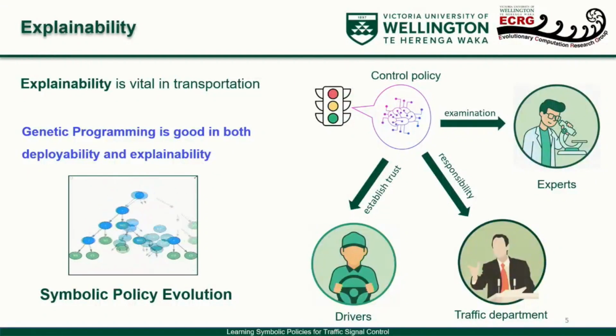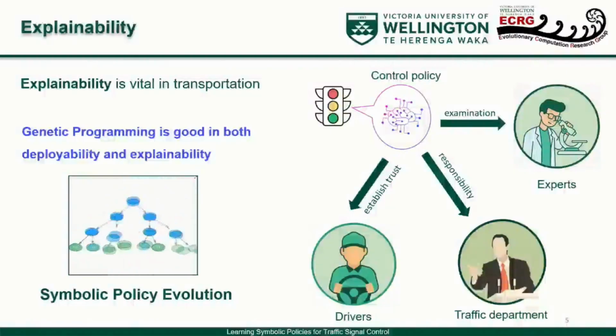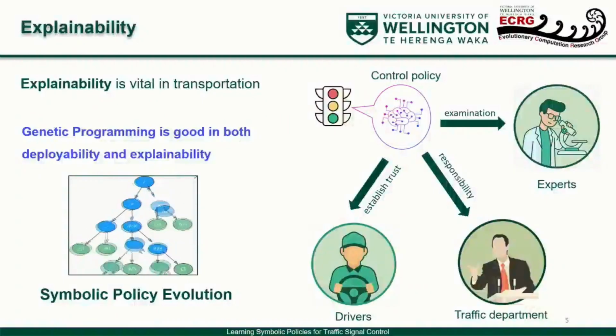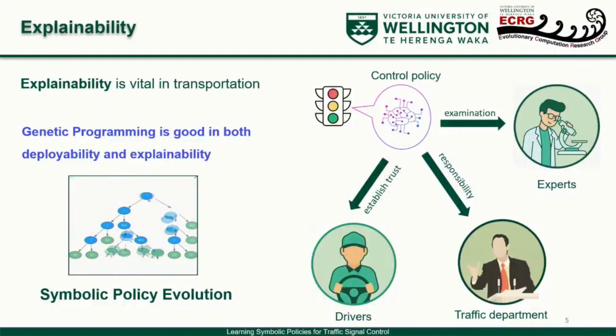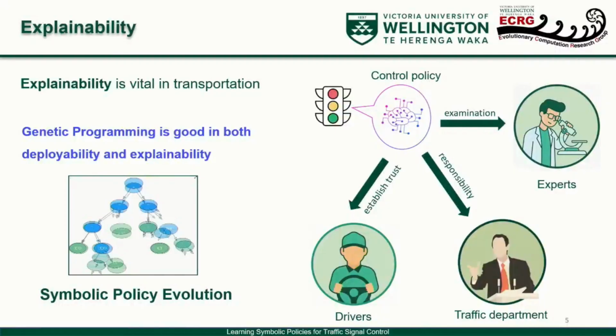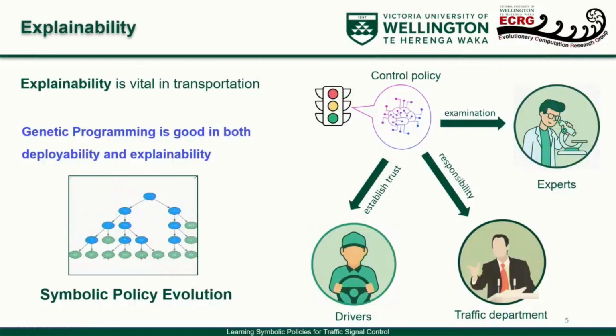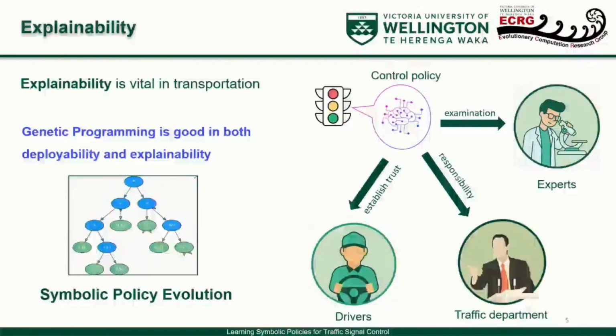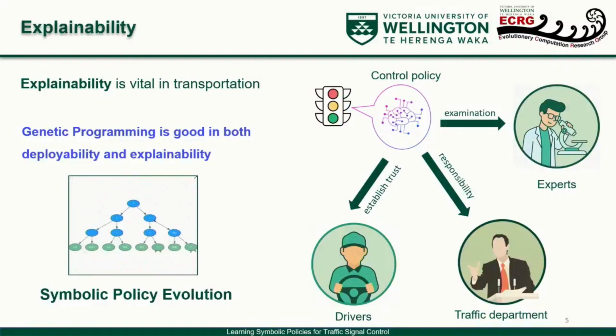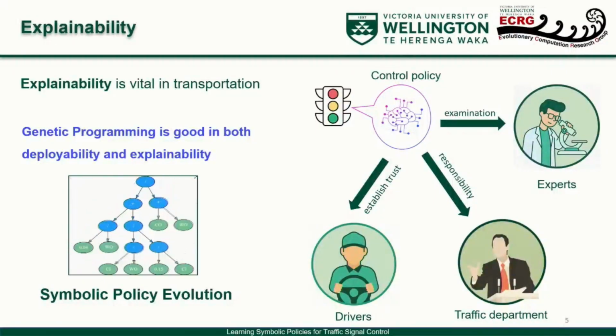I guess you have seen some presentations about genetic programming based on Darwinian evolution and evolving models. I don't need to go into details, but this is a rough illustration of how we evolve models that could be effective traffic signal control policies.